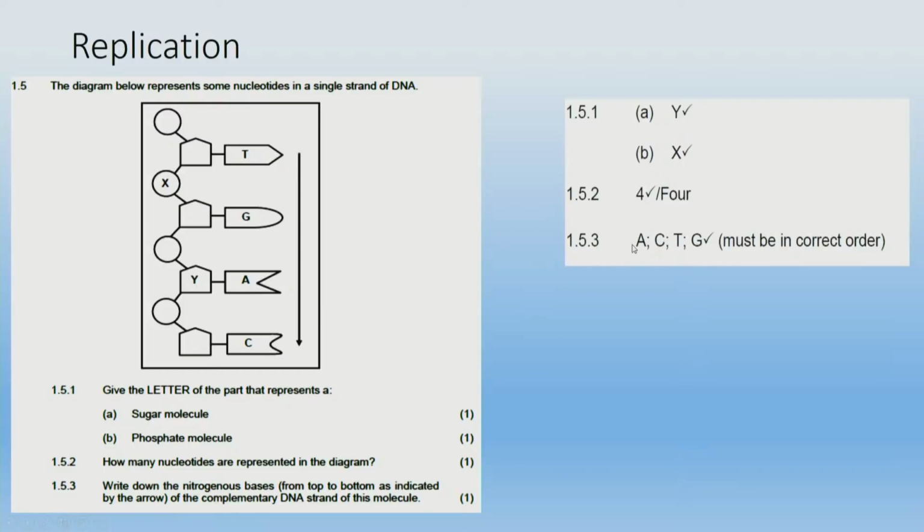Don't repeat the question. Don't go and write T, G, A, C, then an arrow, and then your answer. Because remember, we are actually allowed to mark the first answer. So many times they write this T, G, A, C with an arrow gives you A, C, T, G. And then we have a huge discussion every time at marking centres, where we ignore the principle of mark the first answer in this case.